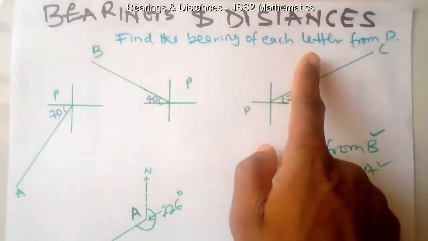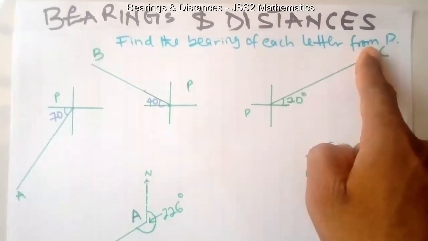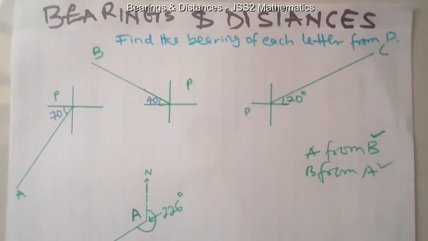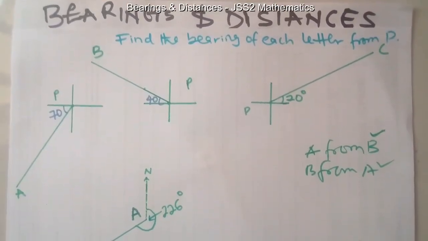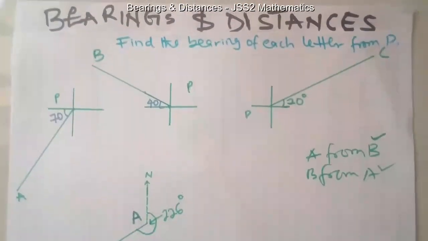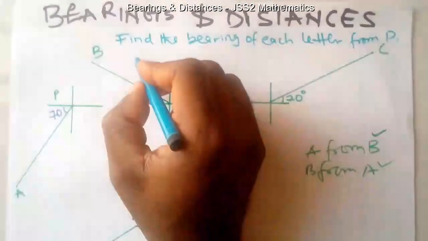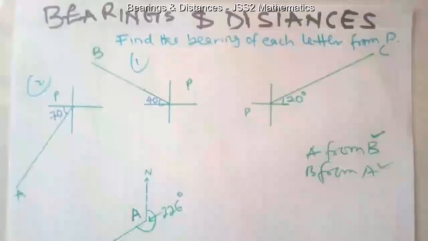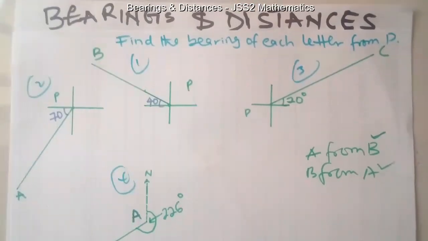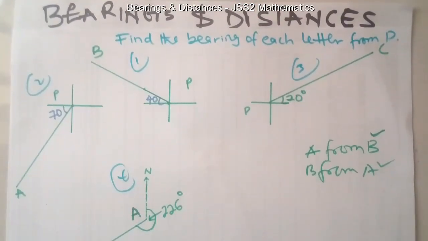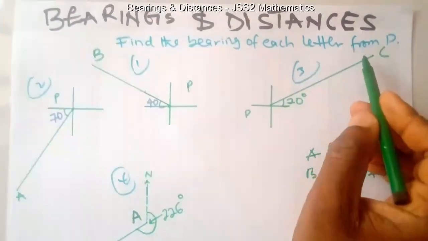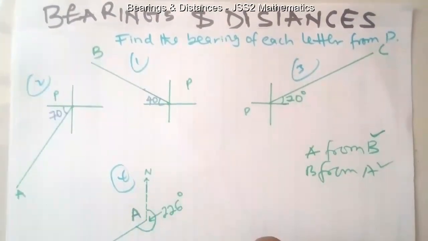Since we have to find the bearing of each letter from P, P is the starting point, and we count clockwise. Okay, now let us see the first one. Let this be number 1, let this be number 2, let this be number 3, let this be number 4. All right, then the first one, the bearing of B from P, because each letter from P, that means P is the starting point.